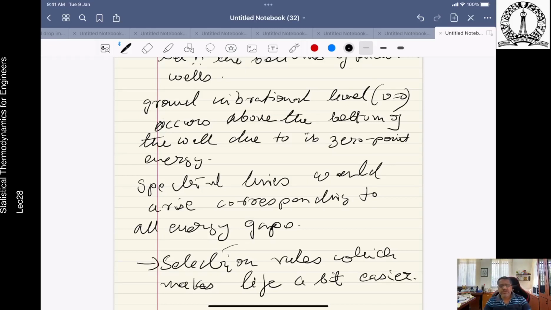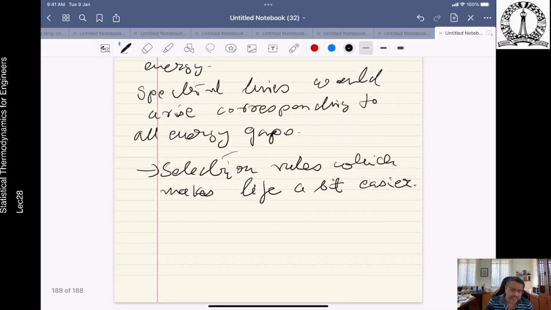Just to have a clear insight now: we know what is spin splitting, what is doubling, and all those things. We now know the different electronic energy levels and the corresponding degeneracies, especially for diatomic molecules. And we also have the combined energy, how we can write those combined energies.